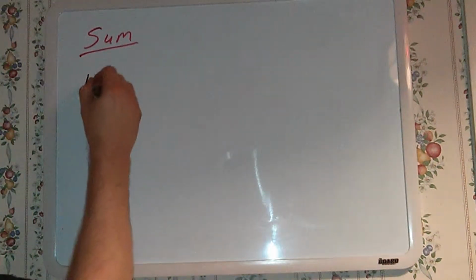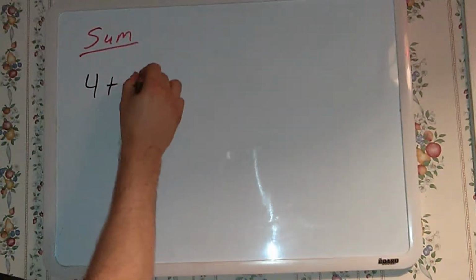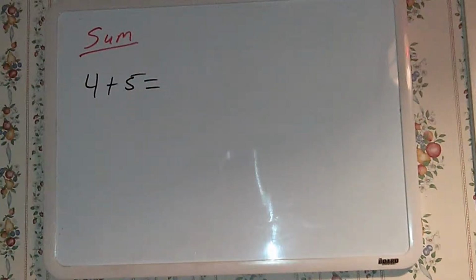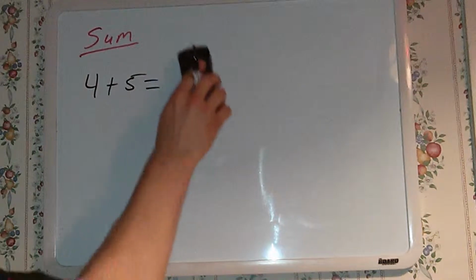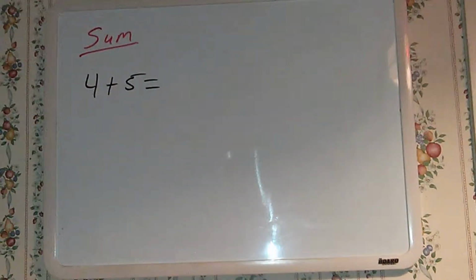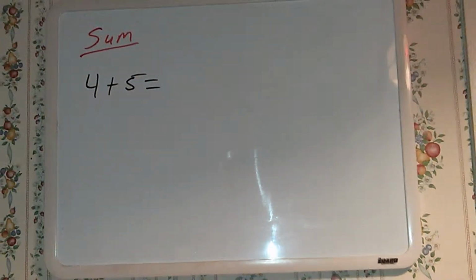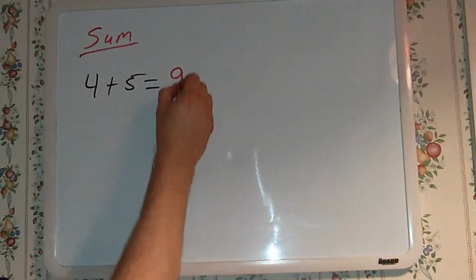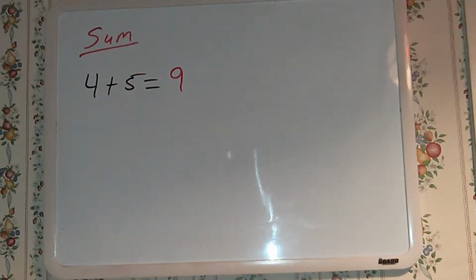And the sum is when we take two numbers, let's say 4 and 5, and we add them together, and it comes to be 9. So let me rewrite that a little bit. We add them together, and we get 9. 9 is our sum.